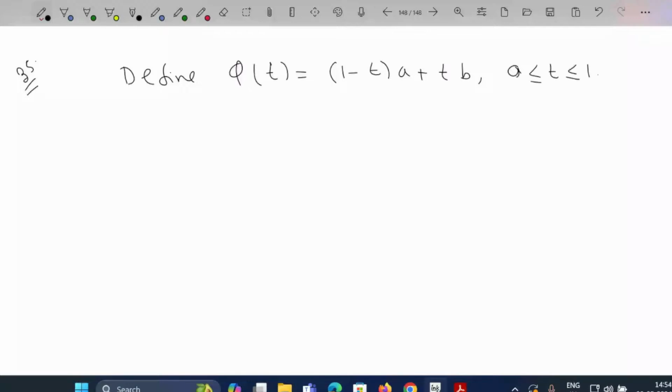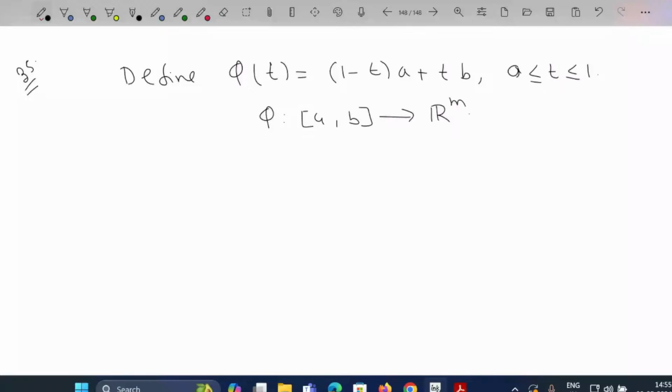Define phi of t as (1 minus t)a plus t b, for 0 less than or equal to t less than or equal to 1. Now we have a function from Rn to Rn, sorry, from R, and it's a differentiable function.